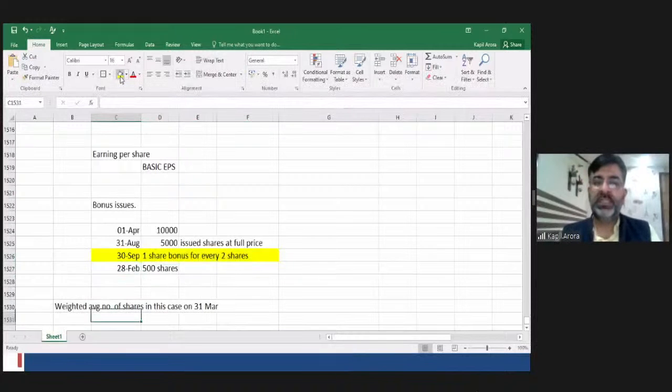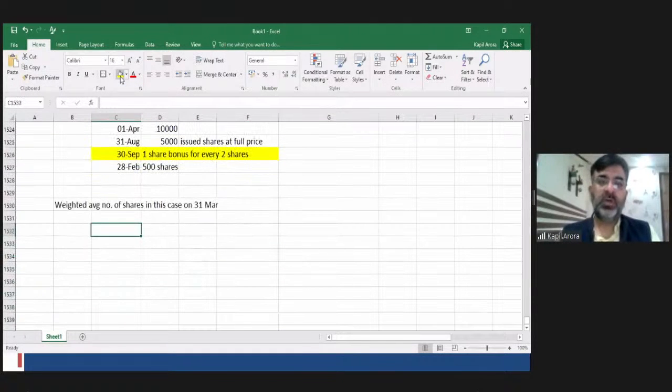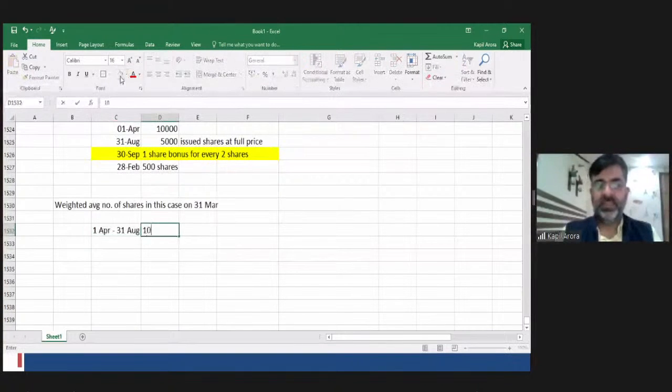From 1st April till 31st August, we have 10,000 shares, which is for 5 months. Then from 1st September to 30th September, we have 15,000 shares, for 1 month.